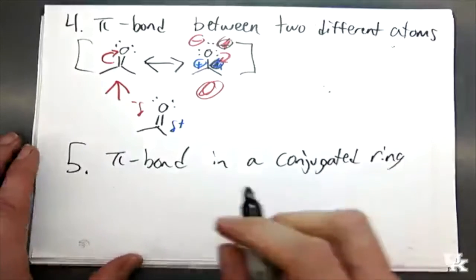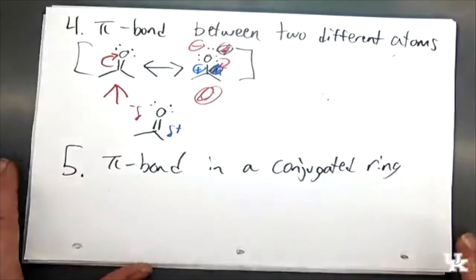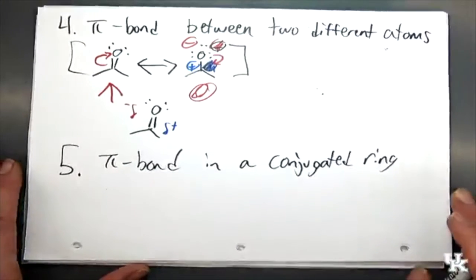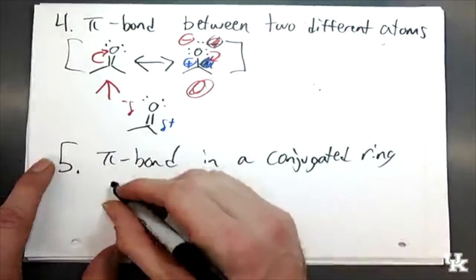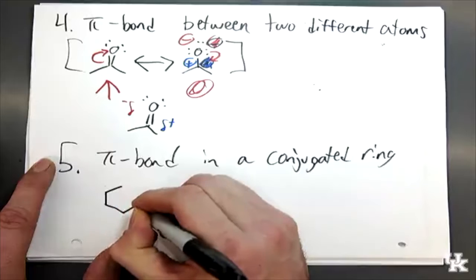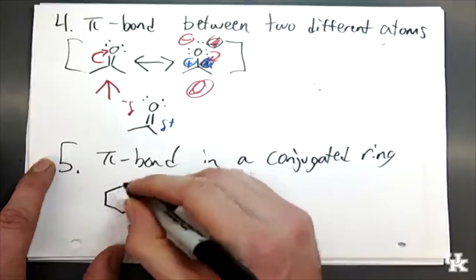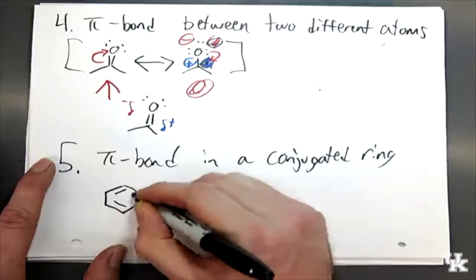Essentially what this means, if you remember what conjugation means, is an alternating series of single and double bonds, and them being in a ring would look something like this.